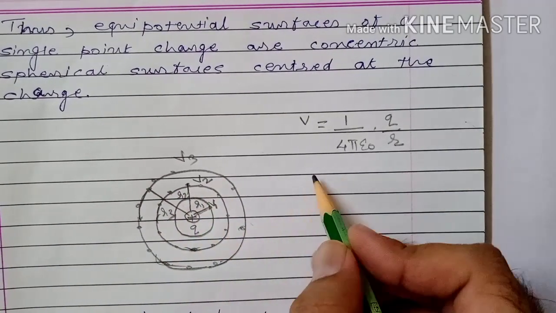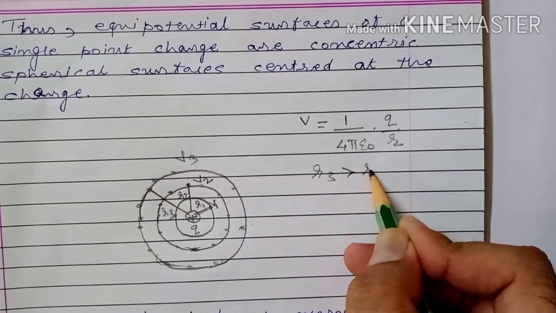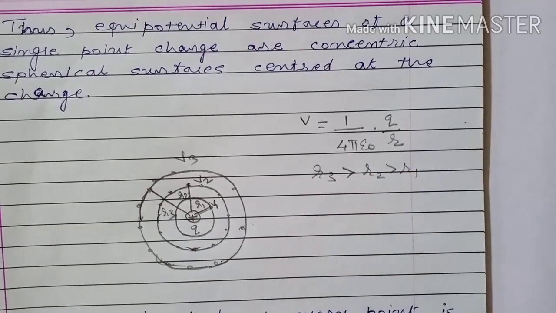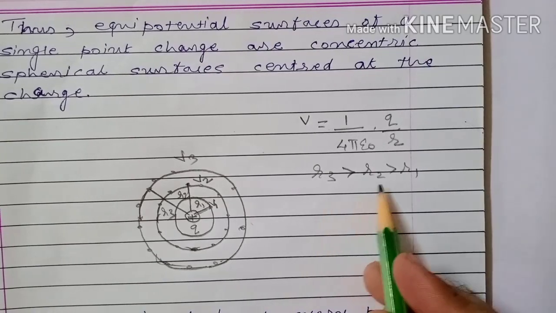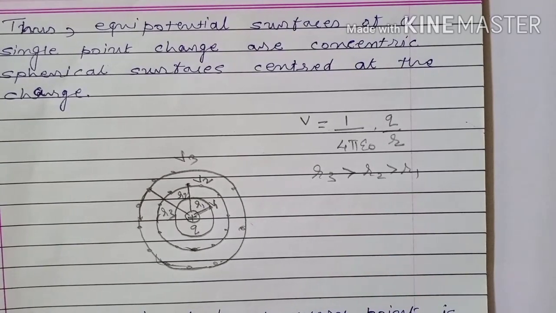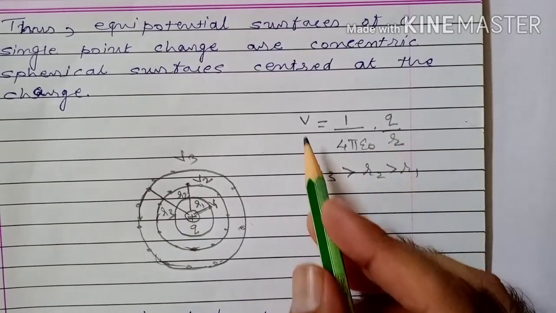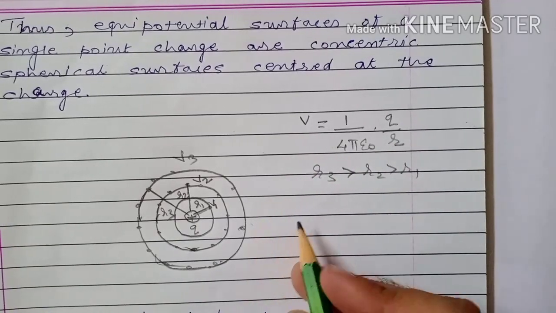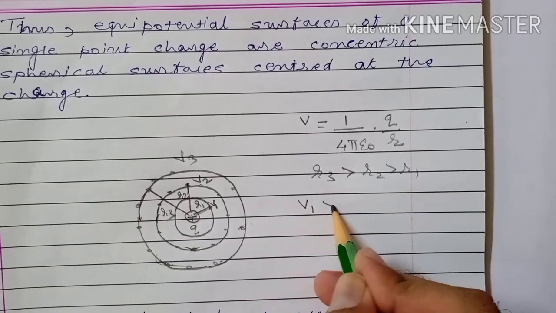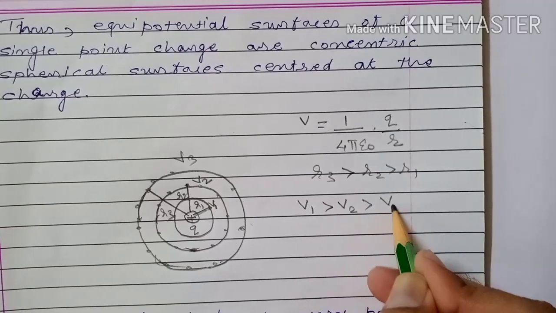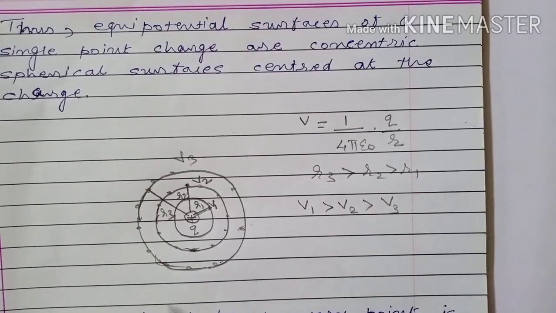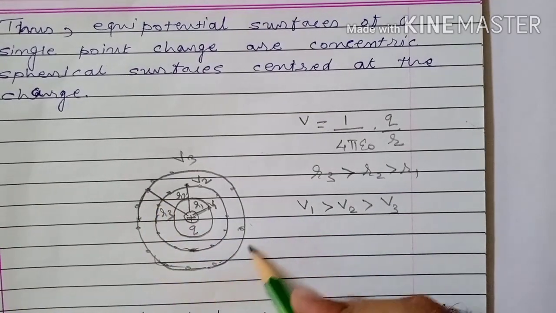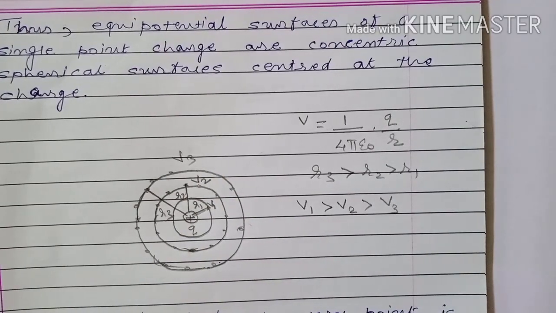And we know that R3 is greater than R2 and R2 is greater than R1. From the figure it is clear. As the distance increases, the potential decreases. Therefore we can write V1 is greater than V2 and V2 is greater than V3. It means on this third sphere the potential will be less.